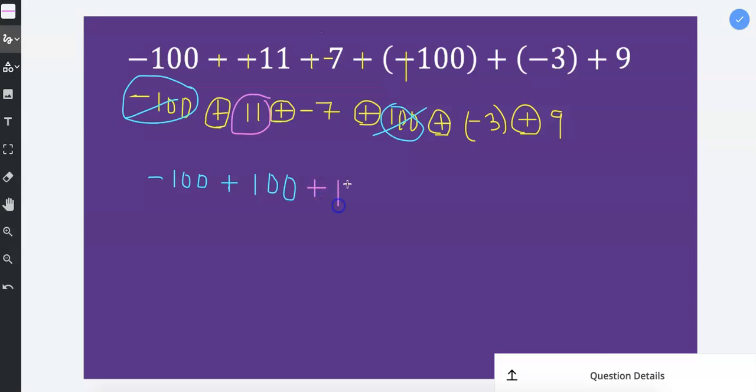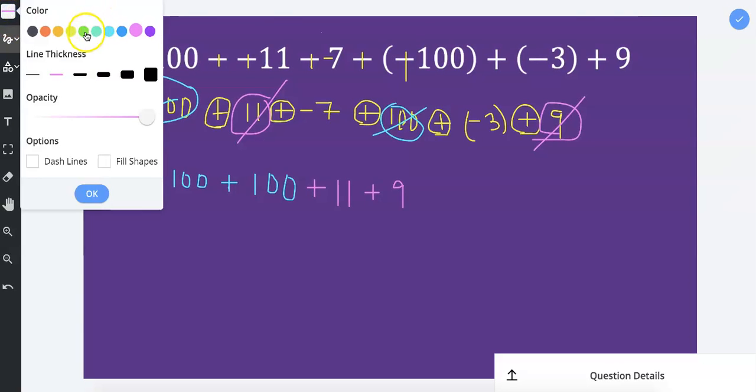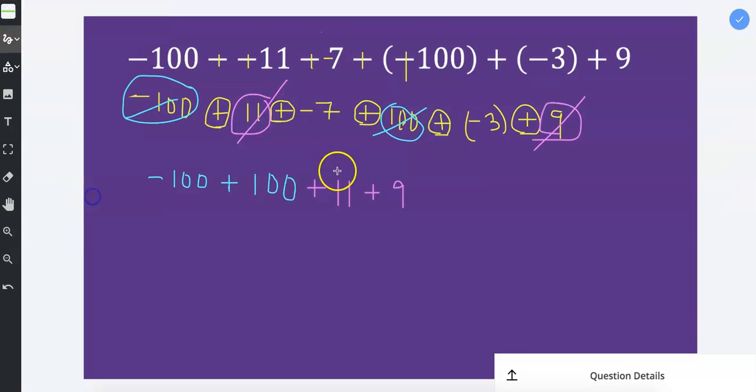These are all separated by addition, so I just write addition signs in between, and then I'll copy the 9. And then maybe after that, I want to have my negative numbers. So I add on a negative 3, and I add on the negative 7.